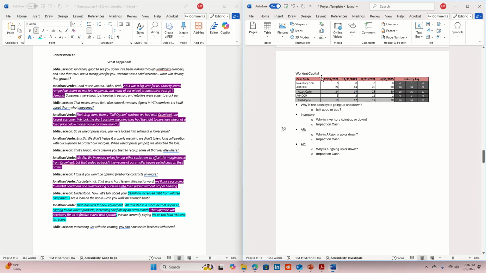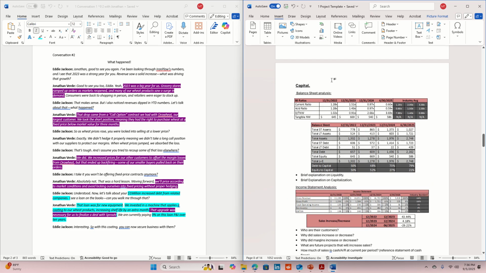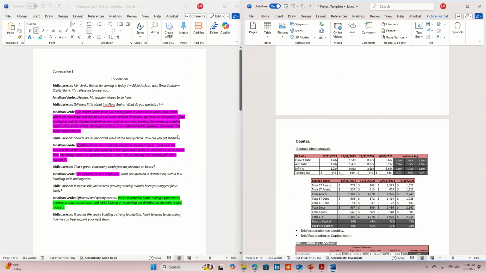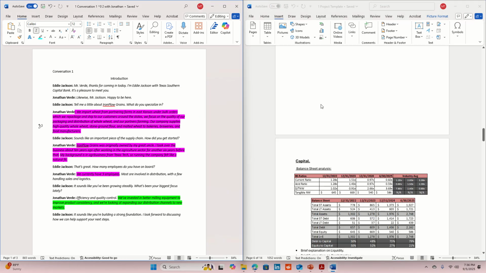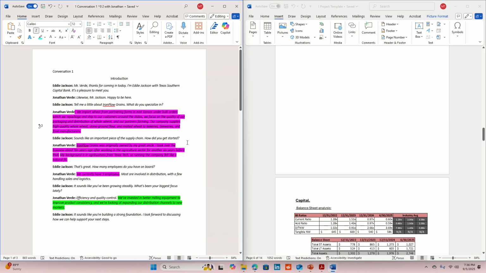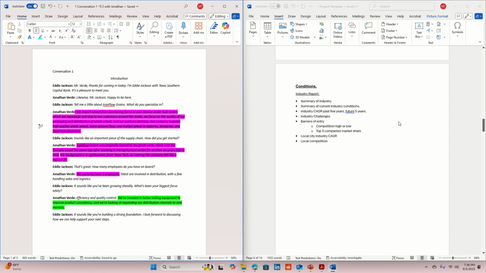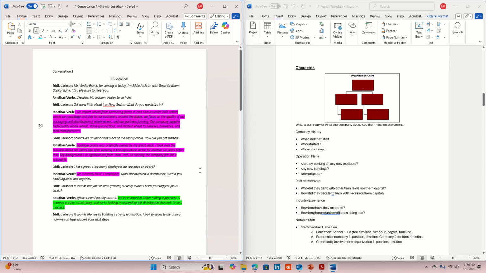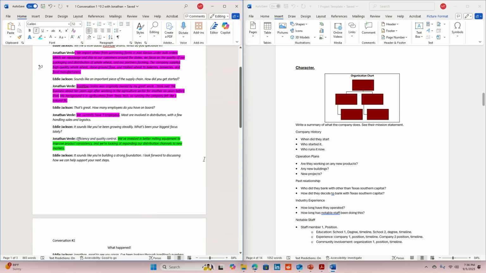Okay, so now we're going to go back up. I've highlighted everything and I color coded my highlights. The pink highlights tell us information that we're going to put into the character section. It tells us what the business does, how many employees, and how long they've been in business.